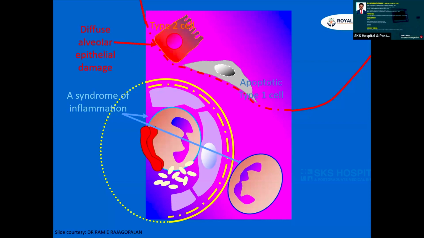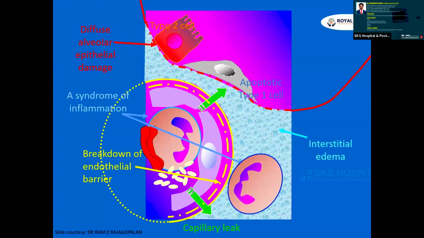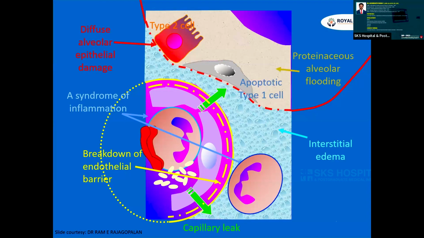Because of this alveolar epithelial damage, there is a cycle of inflammatory cascade, and this not only happens in the alveolar epithelium, but it also gets into the endothelium of the pulmonary capillaries. This causes a breakdown of the endothelial barrier in the pulmonary capillaries, and there is a leak of your protein-rich edema fluid.